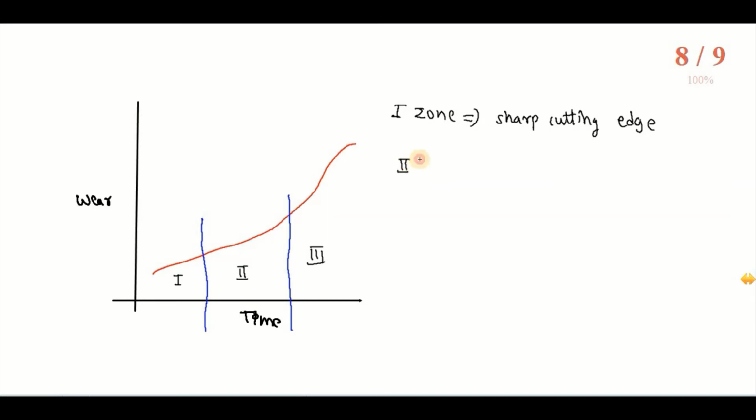But in the second and third zones we are getting the wear which is increasing, because of the continuous use with respect to time of the same cutting tool, that sharp cutting edge will wear out. So the wear rate will be increased. So in the first zone we have only the sharp cutting edge, so we are not getting any drastic wear.